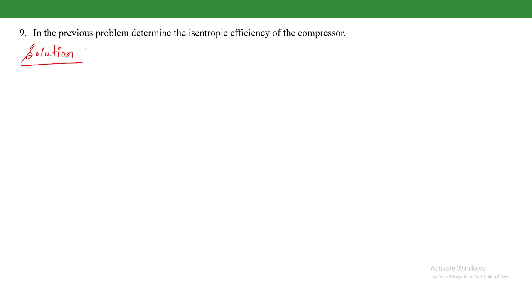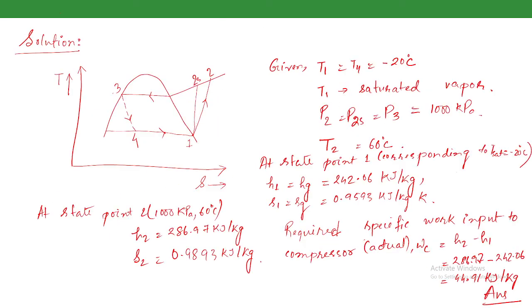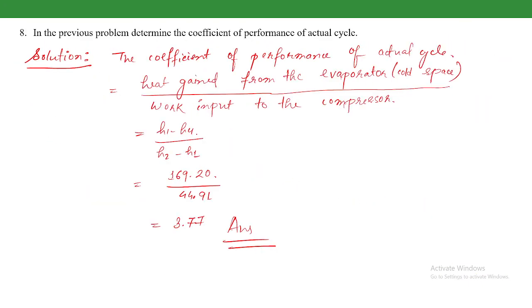So for isentropic compression, the entropy will remain the same. s2s is equal to s1. What is s1? s1 is 0.9593 kilojoule per kg Kelvin.